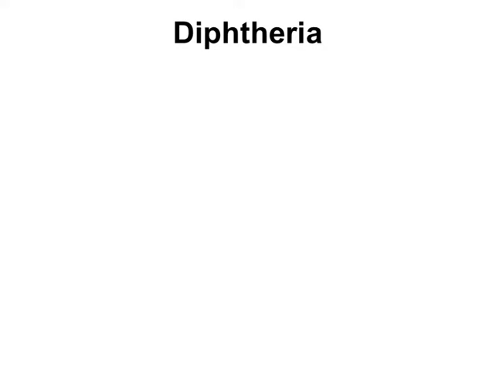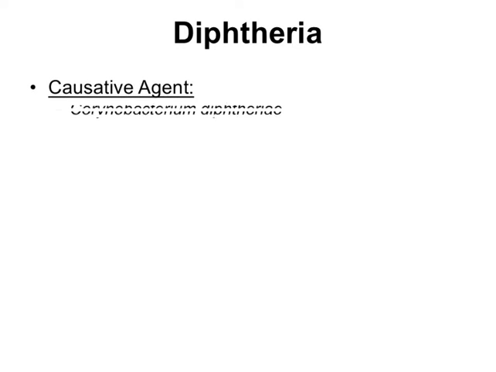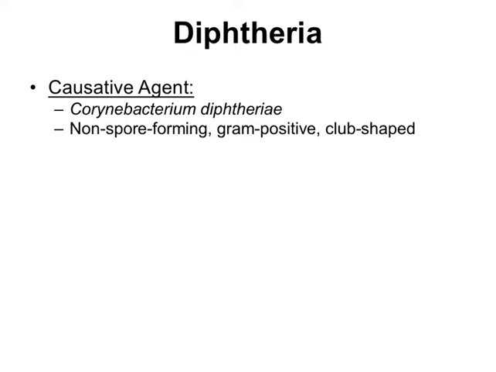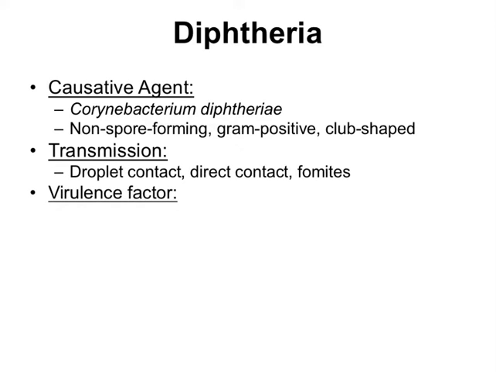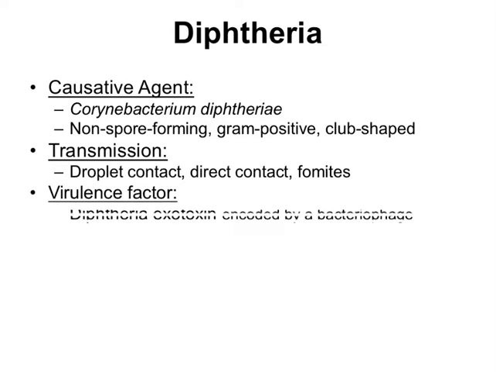Our next topic is diphtheria. It's caused by Corynebacterium diphtheriae, and the bad actor in the Corynebacterium is diphtheria toxin. It's a non-spore-forming gram-positive club-shaped bacteria spread by droplet contact and fomites.